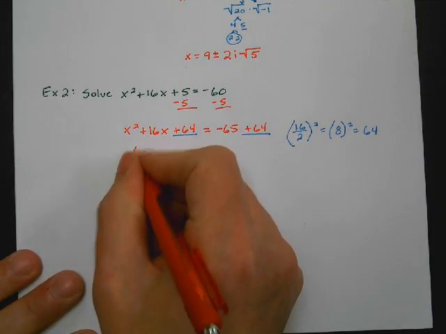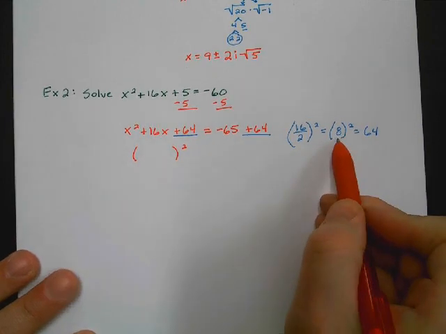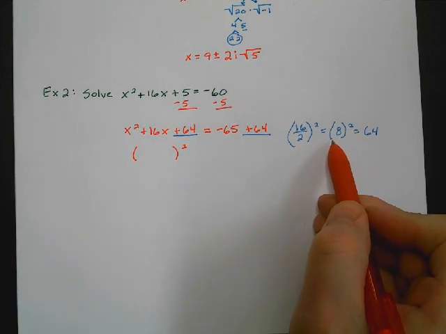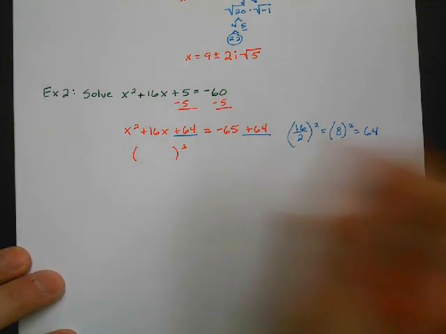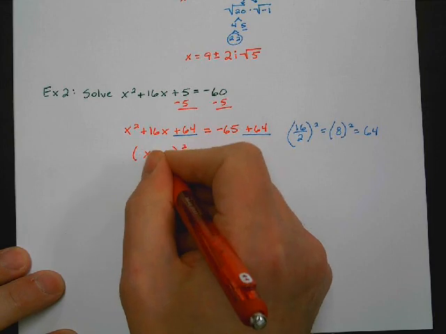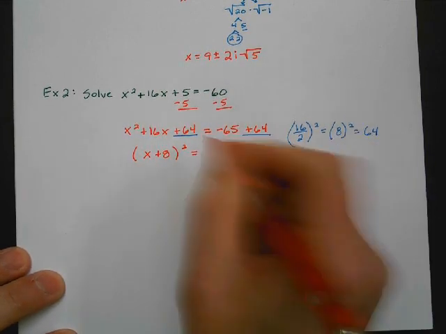On this side, what number did I square? I squared 8. So this is the perfect square of x plus 8. On the other side, negative 65 plus 64 is negative 1.